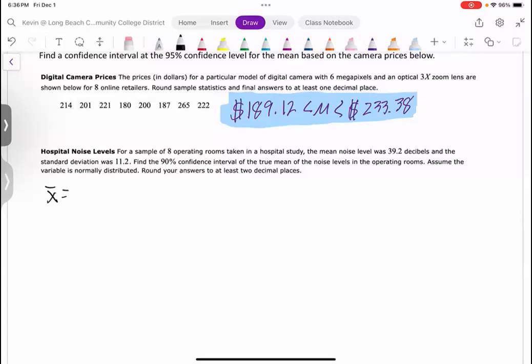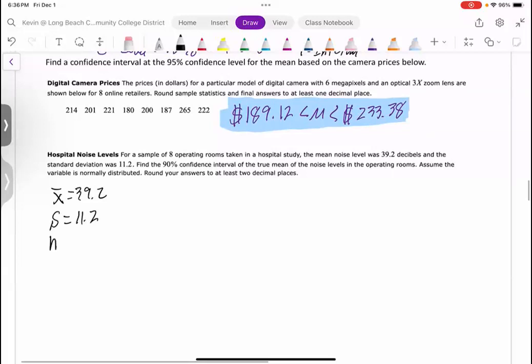So X bar is 39.2, and our sample standard deviation is 11.2. So even though it says standard deviation, we don't know the population standard deviation, just the sample based on these 8 operating rooms. So here's our information.